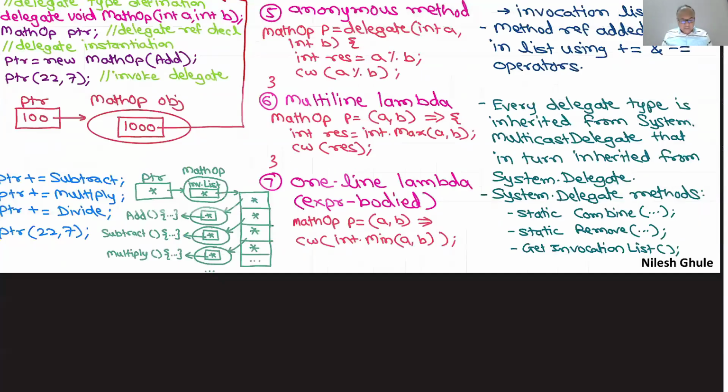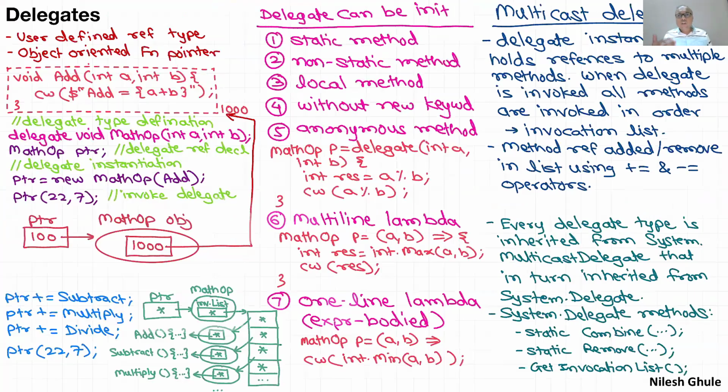So in this particular session, we talked about what exactly a delegate is. It is an object-oriented function pointer. And then we saw the different syntaxes where a delegate can be initialized to different methods, or an anonymous method, or a multi-line or single-liner lambda expression.